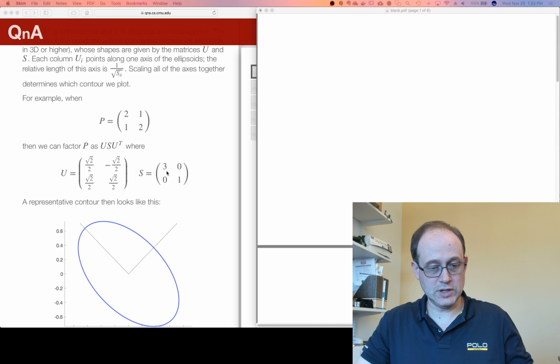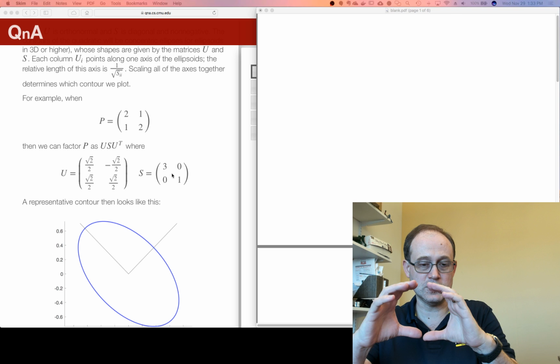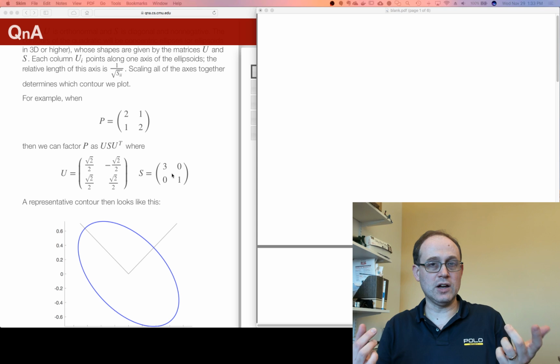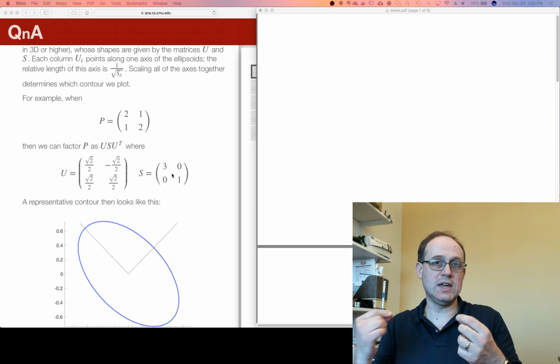That's the condition number. A good condition number near 1 means that the contours of our loss function are close to circular. A bad condition number, meaning a really large one, gives long skinny contours, and with long skinny contours, gradient descent tends to get stuck jumping back and forth across the short contour and not making much progress along the long one.